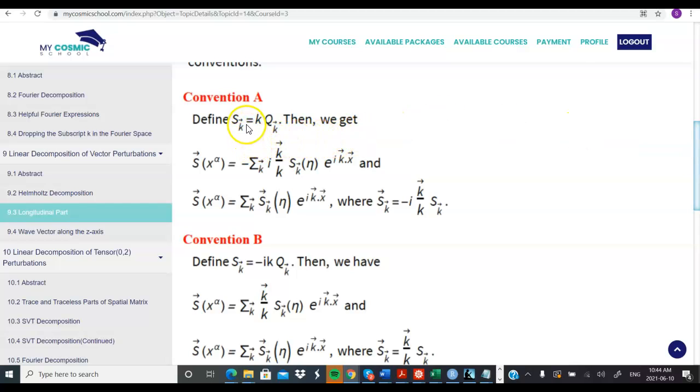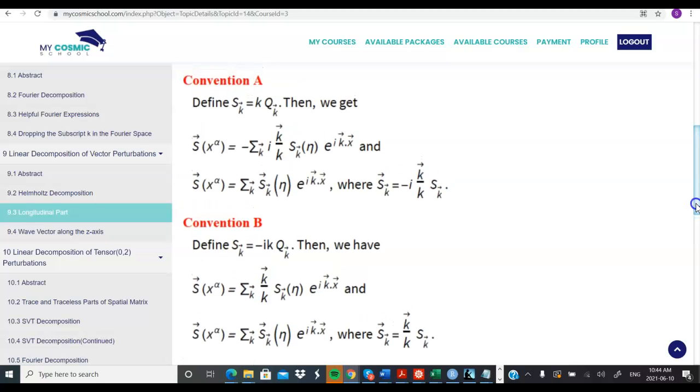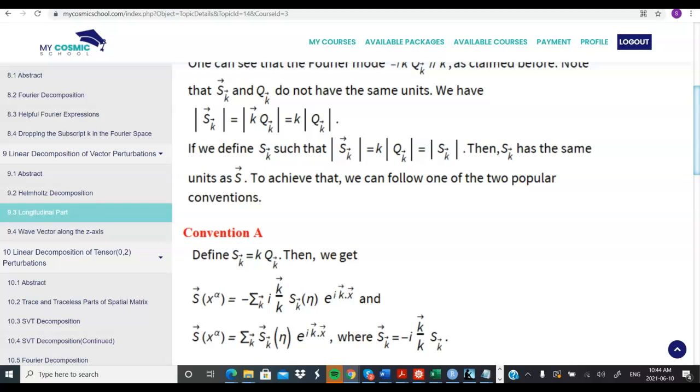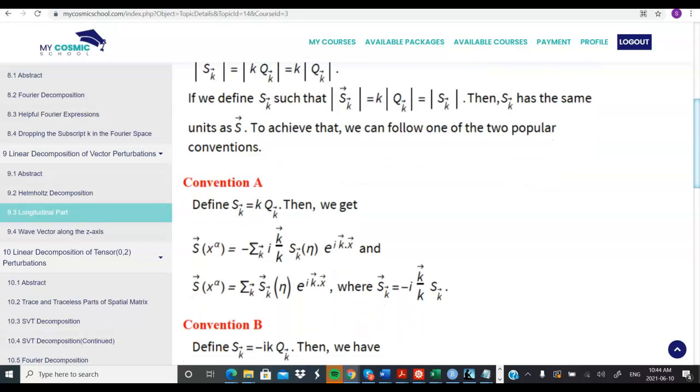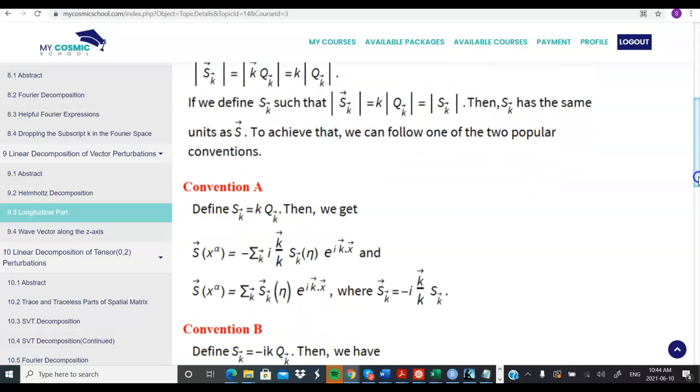So if you use this convention, you end up getting this expression. This is simple mathematics, nothing fancy. If I use sk equal to k qk, then you can write vector s like this. So what is vector s?